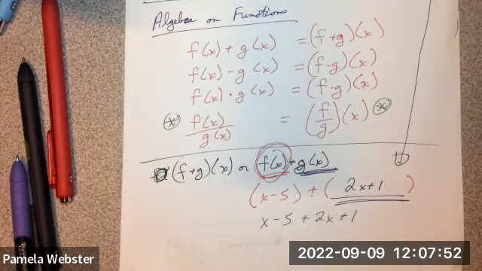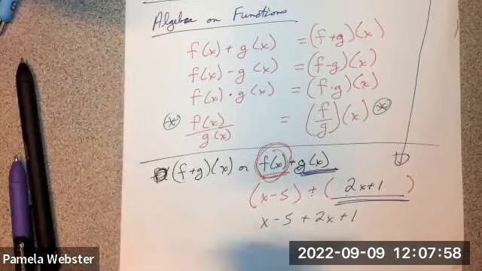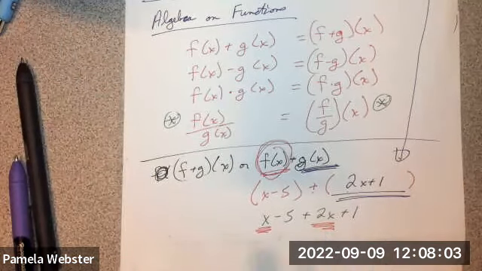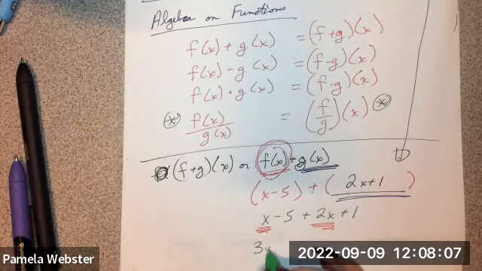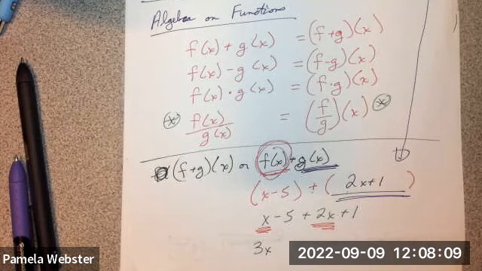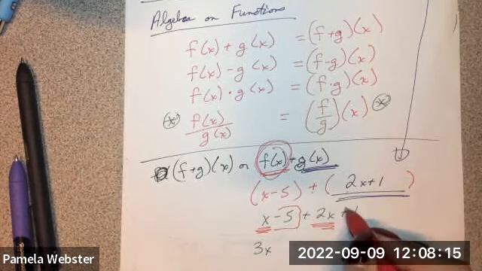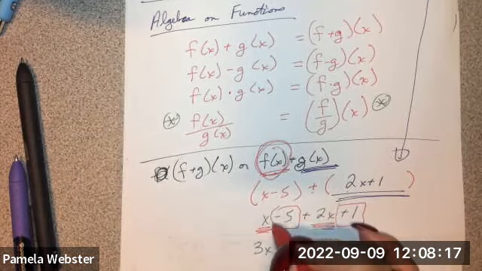So that's good. And now I'm in here and I look and I say, is there something that I can combine? And hopefully you see, well, there's an x and there's a 2x. Those are the same variable. So x plus 2x is 3x. So we can do that. That's good. And then hopefully you also see I have this negative 5 and plus 1 guy.